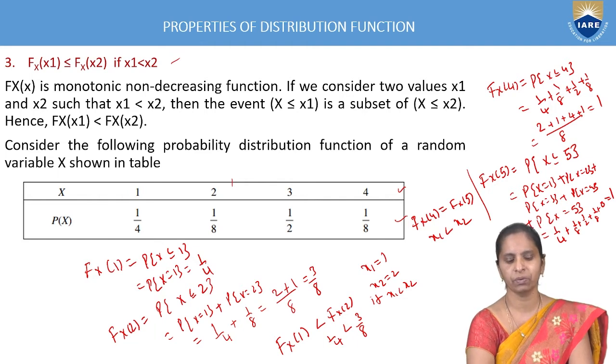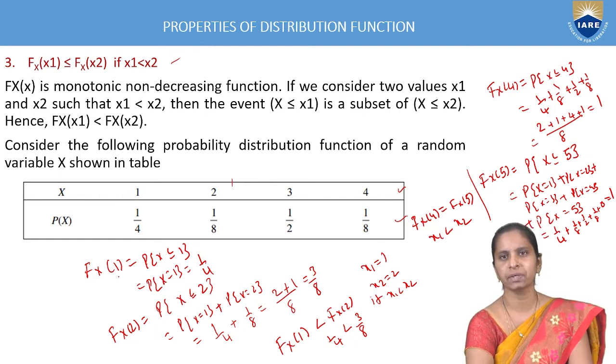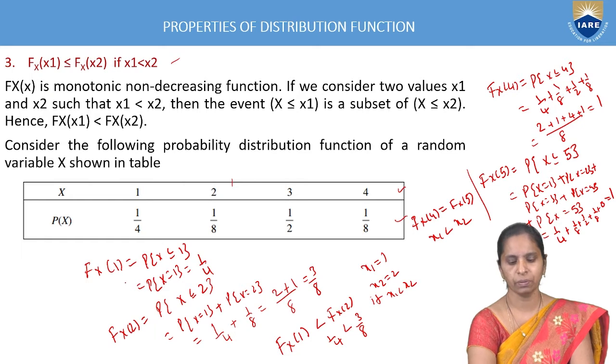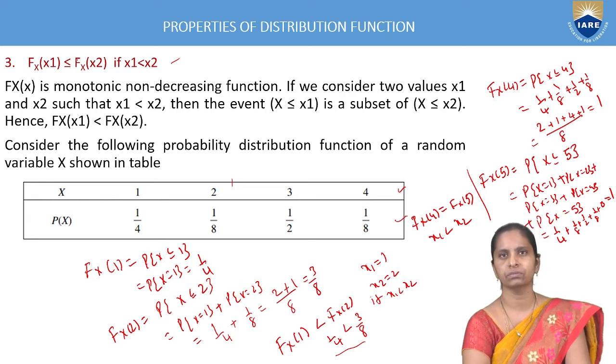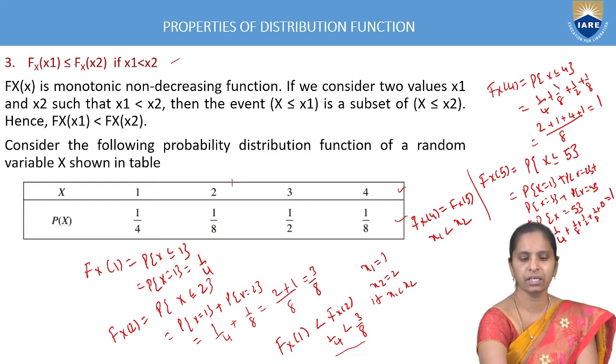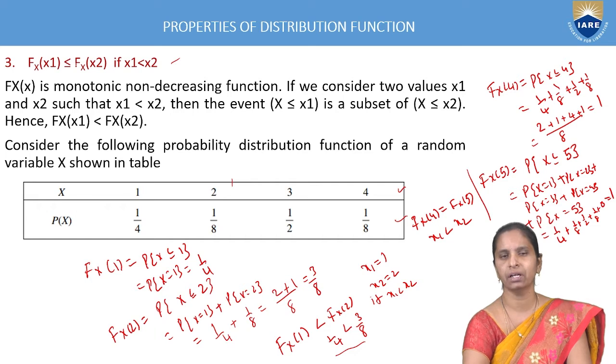In this example, what you have observed? Here my x1 is 1 and x2 is 2, so F(1) is less than F(2). And in the second case, because I have given equal to also, I have considered for what cases I am going to get F(x1) equal to F(x2).